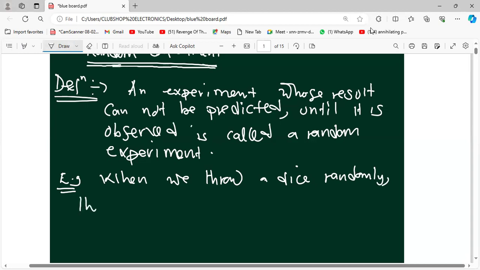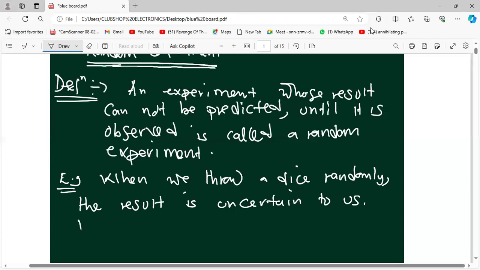The result of that throw is uncertain. We are not sure. Anything is likely to happen. If you throw a dice, any of the six numbers may just pop up. We don't know.